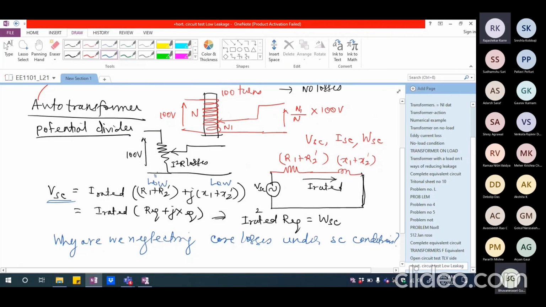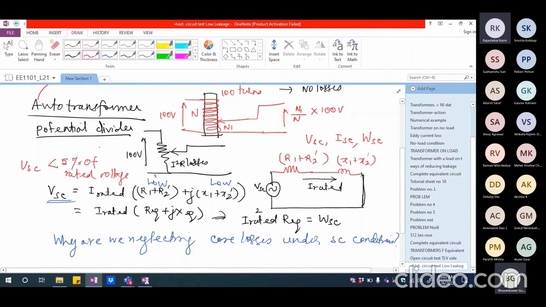Nobody deliberately designs a bad transformer. Nobody wants to waste their voltage or power in a transformer. It's meant for stepping up or stepping down, not for dissipating the power. So generally you would see that VSC will be less than 5% of rated voltage. Most of the times this is how the good transformers are designed.